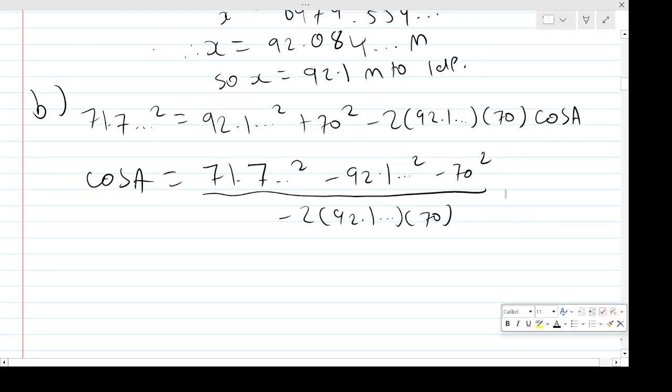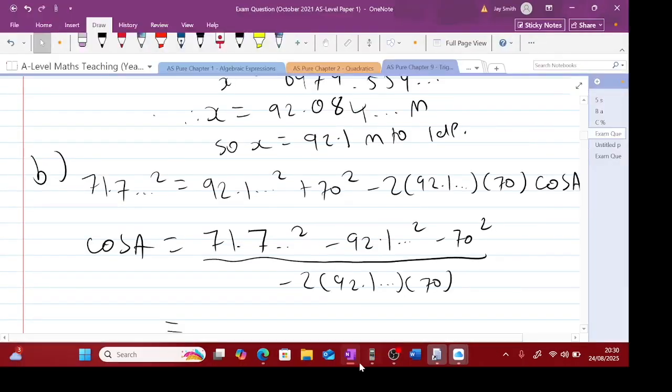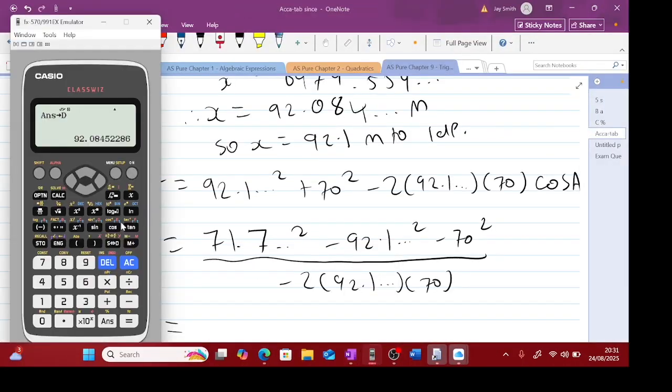Okay, so now I can just input that in the calculator, and again, this is where the store function is going to help. So if I go back to my calculator, firstly I have to compute this division. So fraction, and then 71.7, again, that's A, that's what I stored as A. So go to my red mode, and then click the red letter A, and let that be squared.